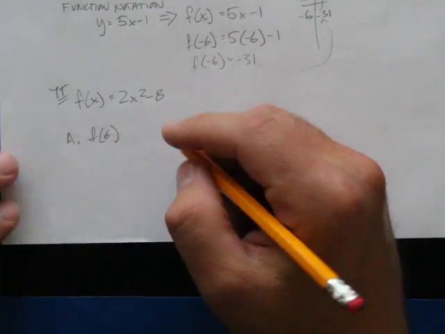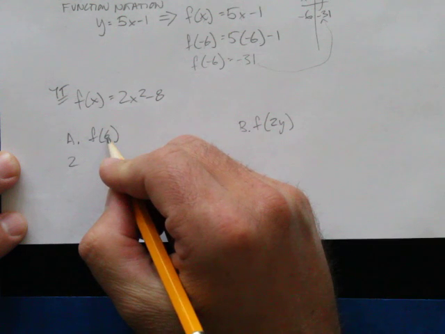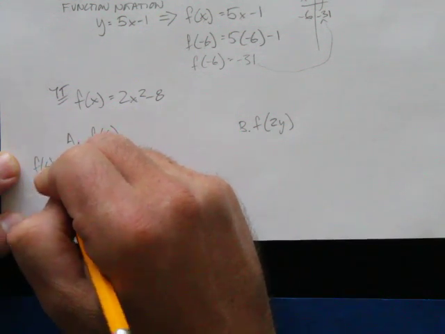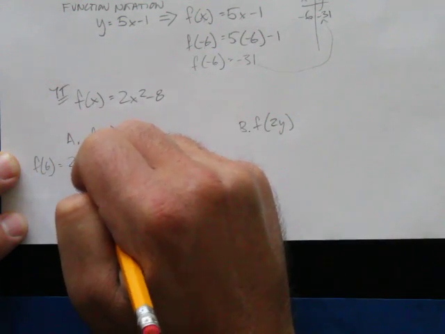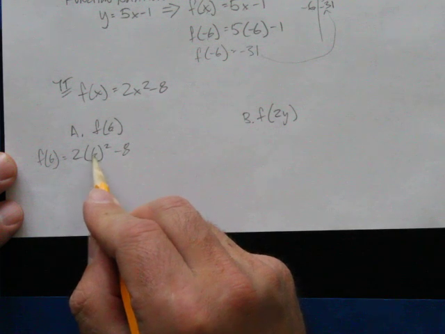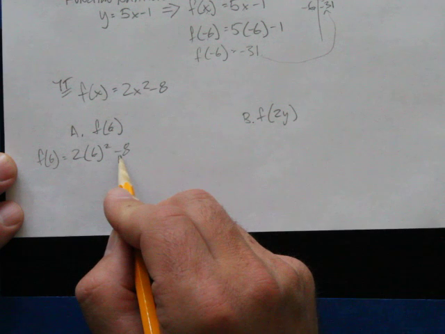Okay, welcome back. See how you did? So what I'm going to do is plug in 6 for my x values. So f of 6 equals 2 times 6 squared minus 8. Now remember, parentheses, then exponents, then multiply and divide, then add and subtract.